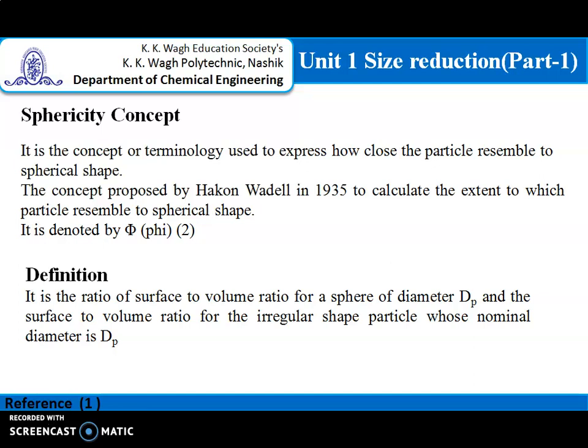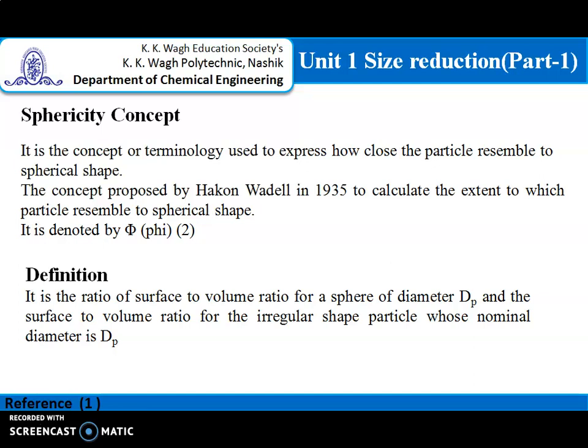To correlate that, a concept of sphericity is proposed. This concept was proposed by Hakon Wadell in 1935, and it is still used widely to find out the equivalence between a particle of intricate shape and how closely it resembles the spherical shape. It is denoted by the letter phi.